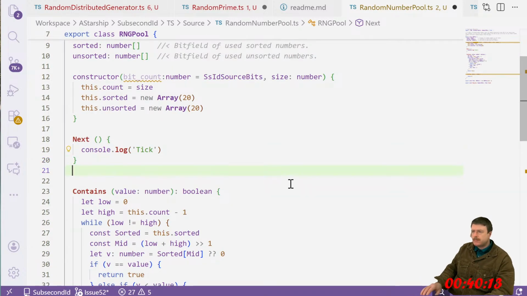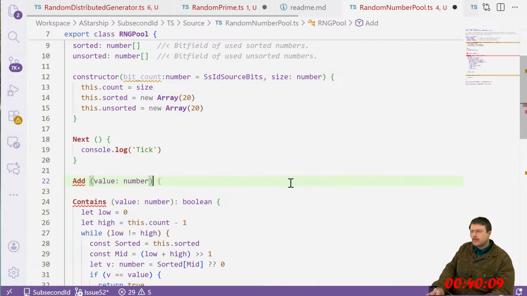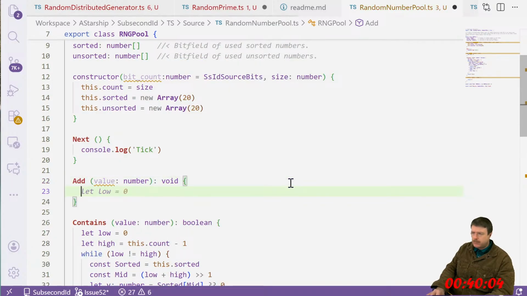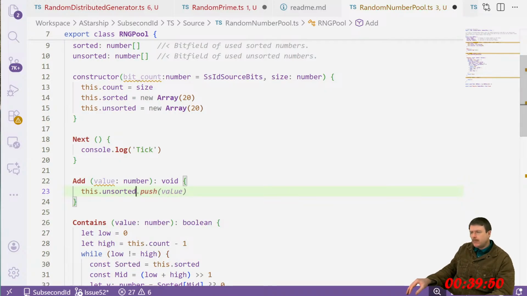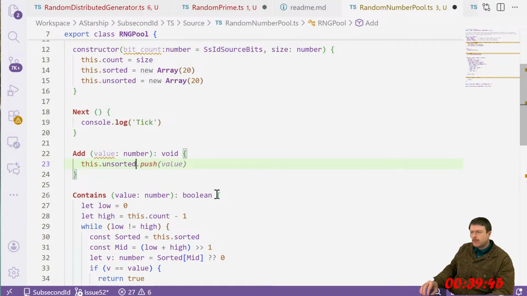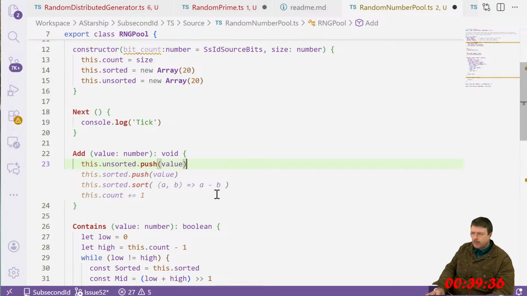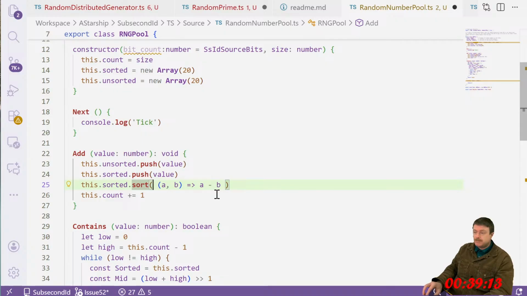And so I need to add one. I don't know if I want to do that, but I like fancy mojo that makes my life easier.